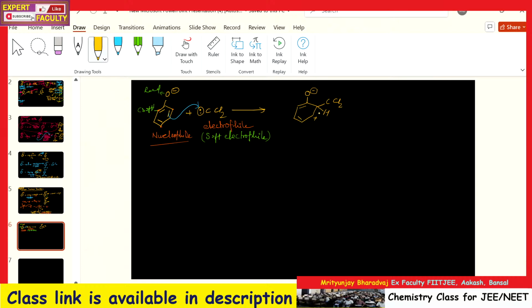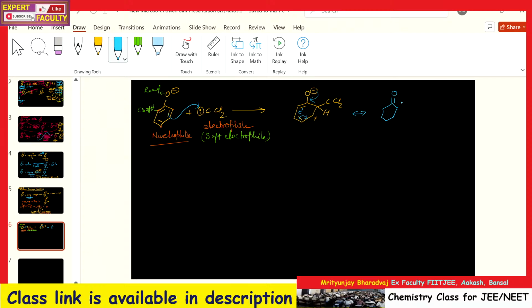This will form... Now we can see it will be resonance stabilized because this pi bond will come to this place, this pi bond will come to this place also, giving the negative charge. So better we can draw the resonating structure also.